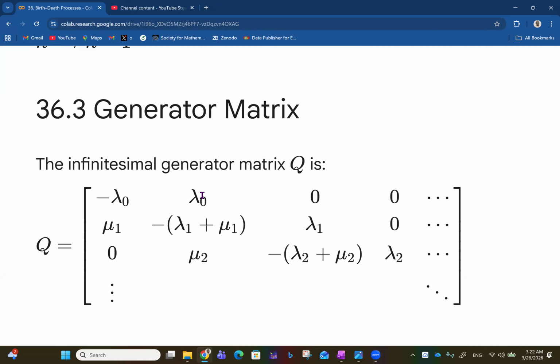Minus lambda 0 plus lambda 0 is 0. Mu 1 minus (lambda 1 plus mu 1) plus lambda 1 is 0. Mu 2 minus (lambda 2 plus mu 2) plus lambda 2 is 0. Everything goes to 0. So this is typically what it looks like.